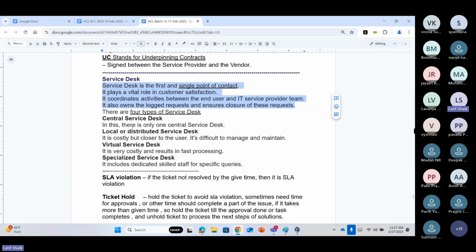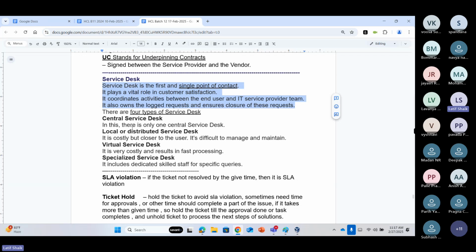Centralized service desk, guys, means all over the world. My entire organization is distributed in different locations, maybe different locations in the country or in the world. MNCs follow one type of service desk platform for all customers.